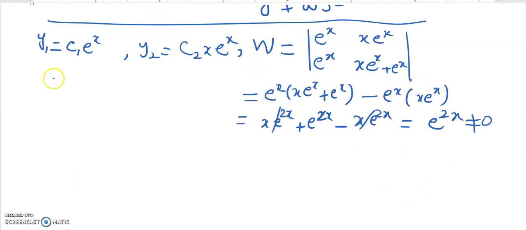From these two solutions, if we want to find the equation, we can recall that this is the situation in the case of double roots.